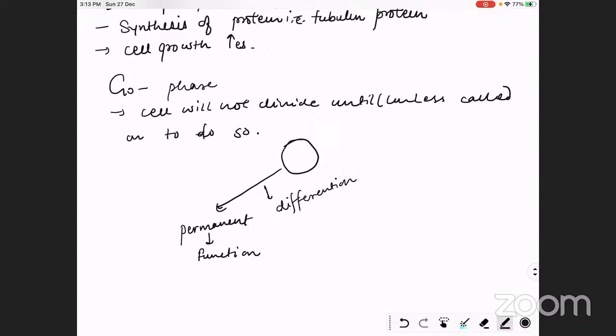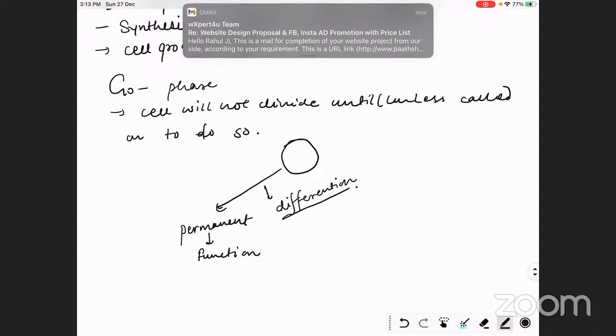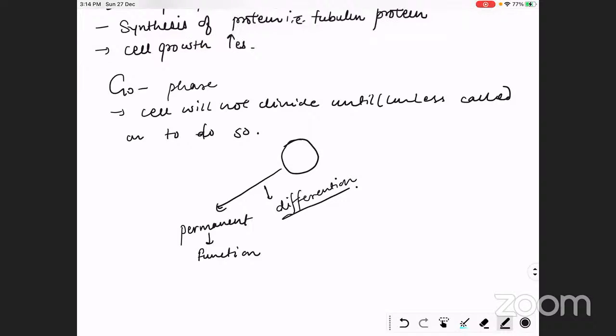If a meristematic cell converts into a permanent cell, and this permanent cell will have different functions, this process of conversion of meristematic cell into a permanent cell is known as the differentiation.